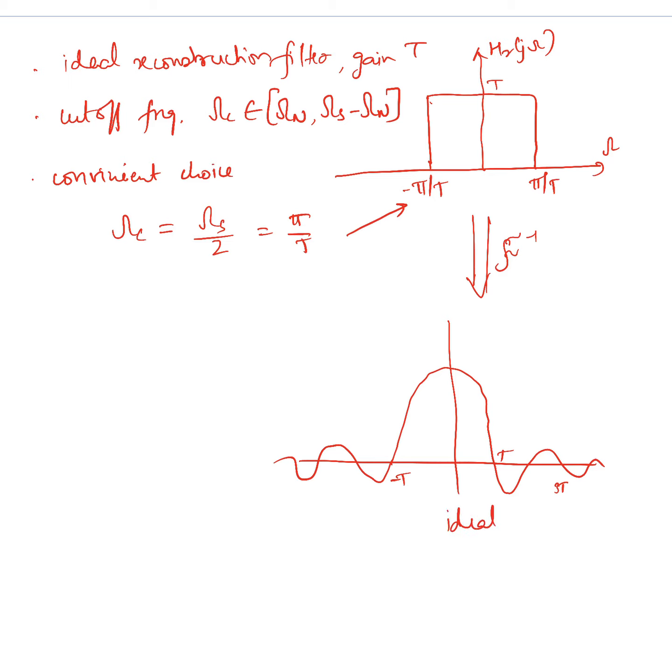This is the ideal filter response in the time domain, where you have this HR of t with the x-axis time t. Okay, and the mathematical representation of this signal HR of t is sin(pi t by T) over (pi t by T). This you can also compute by yourself by computing the Fourier inverse of this frequency domain representation of the ideal low pass filter.